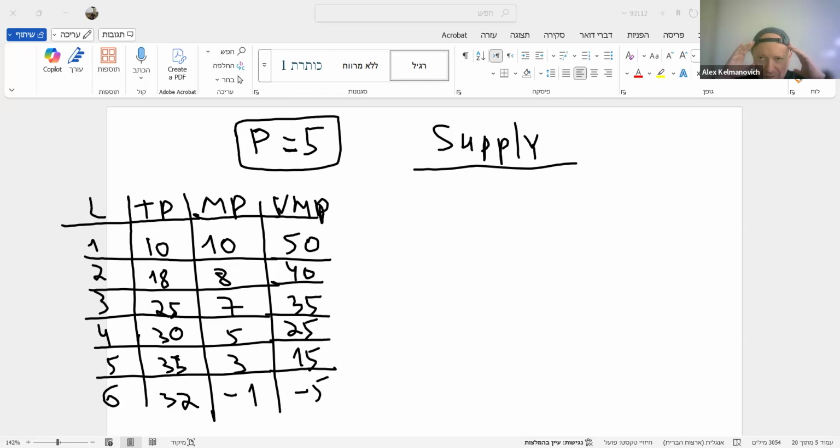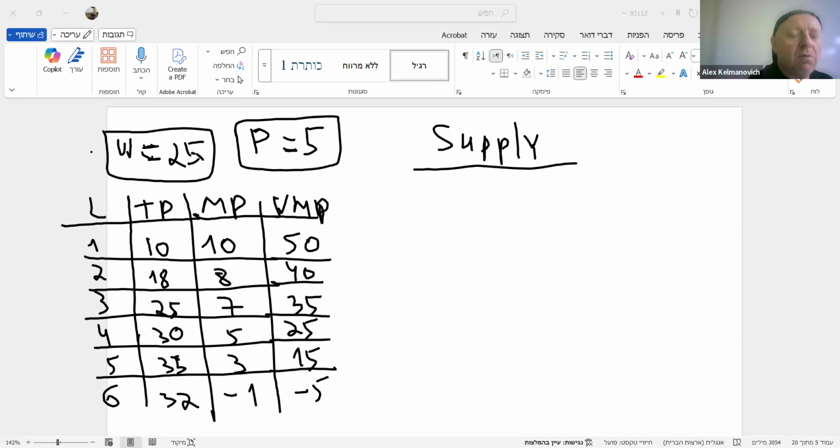Okay? So this is a very simple, ideal world in which all the labors are equal. So if the market decides that the wage is, let's take for example, 25 shekels, it means the producer has to pay every labor 25 shekels.